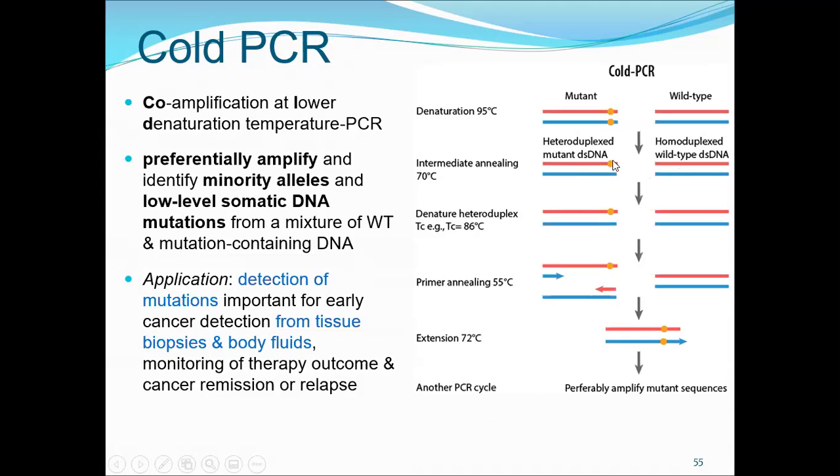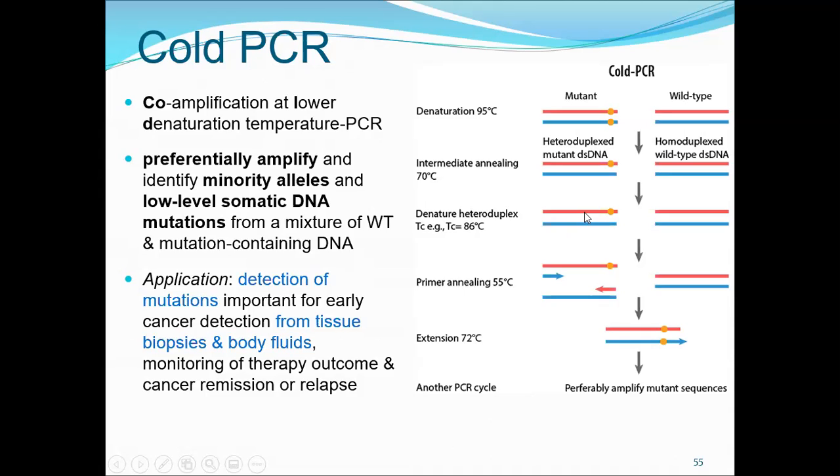Since there is a mismatch, this property is utilized: the denaturation of a heteroduplex having a mismatch is at a lower temperature as compared to the perfectly matched one. So if a perfectly matched one denatures at 94 or 95, this will denature earlier, around 86.5 or 86 degrees.